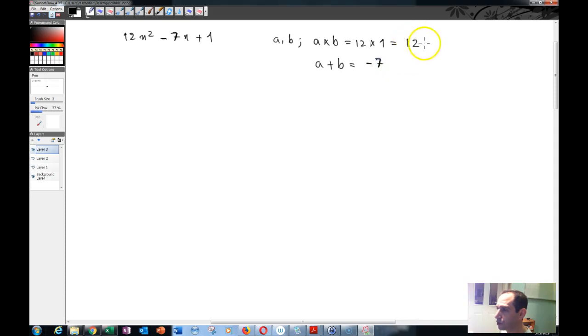So you can go for 3 and 4, and take them as negative 3 and negative 4.